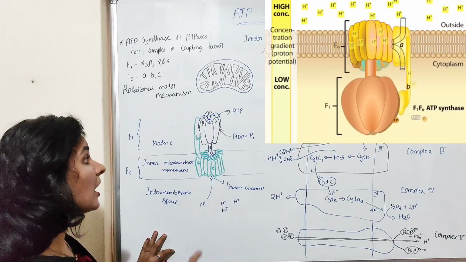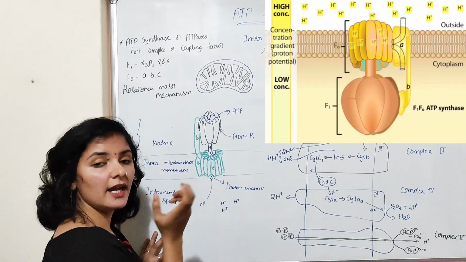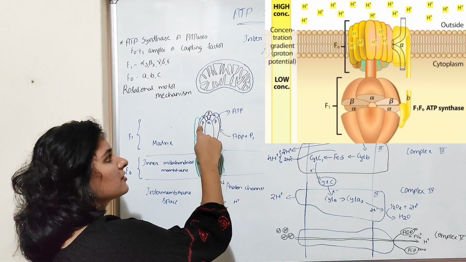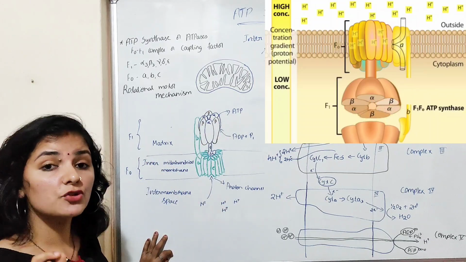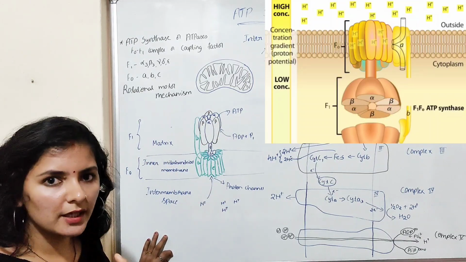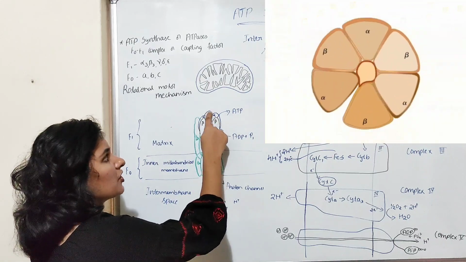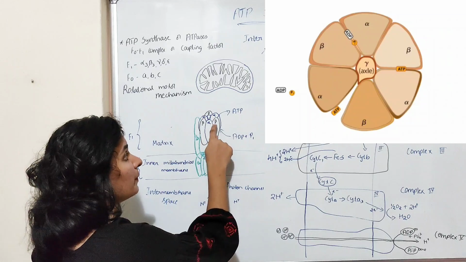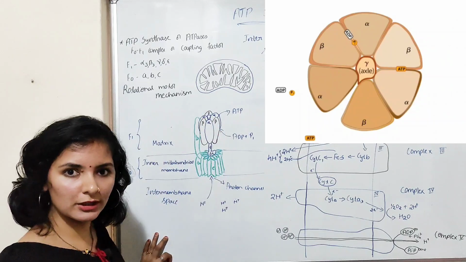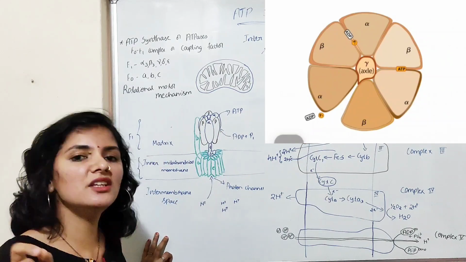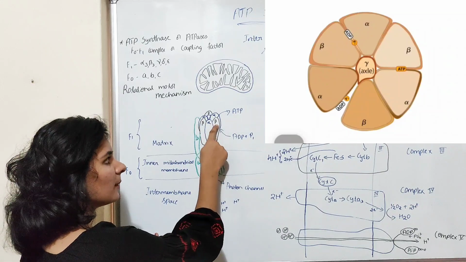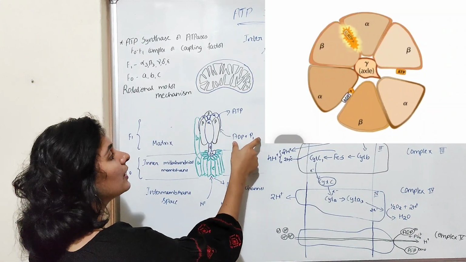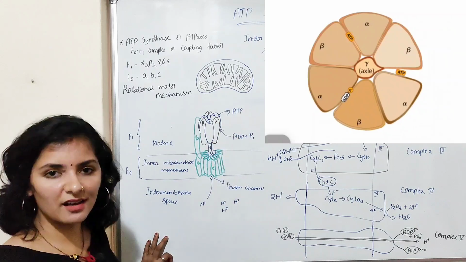When the gamma subunit rotates, it brings about the conformational change in the 3 beta subunits of the F1 complex, that is a structural change or change in the binding characteristics of the beta subunit.